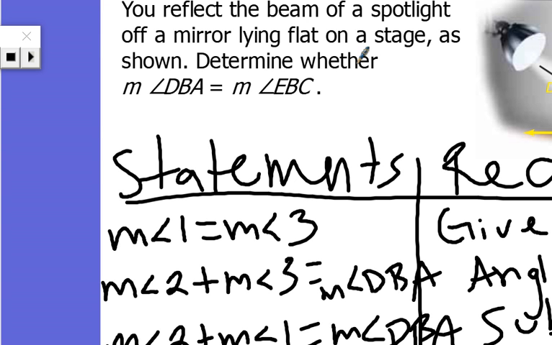Okay, let's keep going. I want to introduce 1 plus 2 because the goal is to show that DBA and EBC are equal to one another. So let's introduce EBC into the mix by saying the measure of angle 1 plus the measure of angle 2 actually equals the measure of angle ABC.